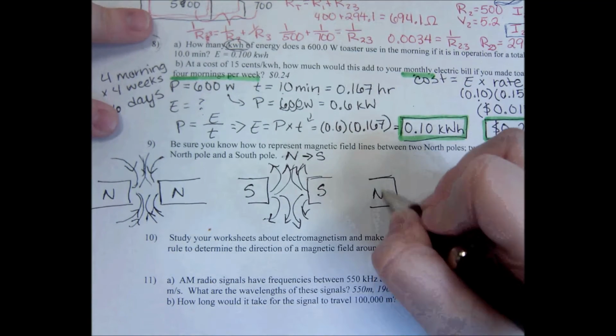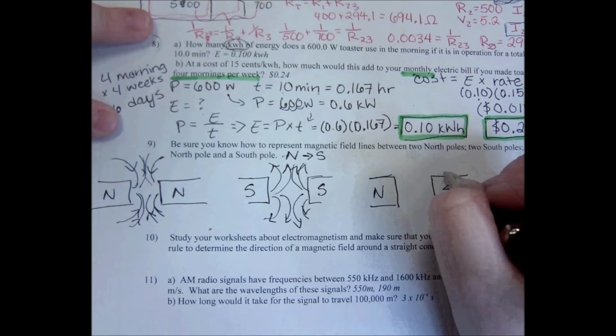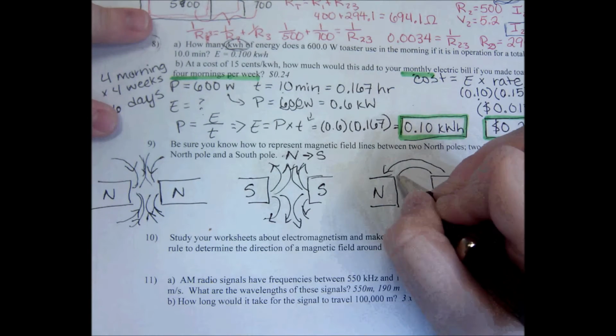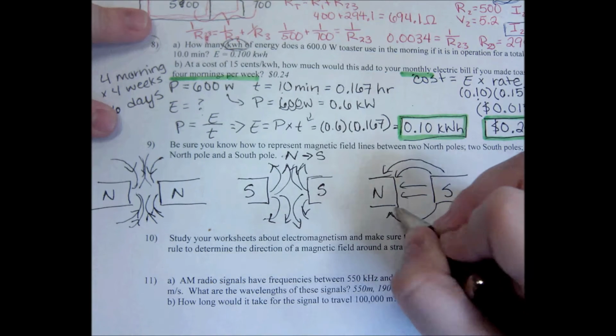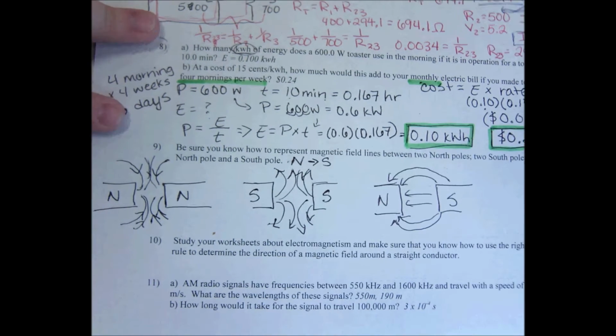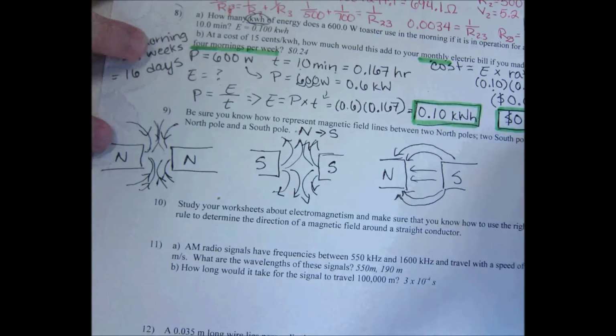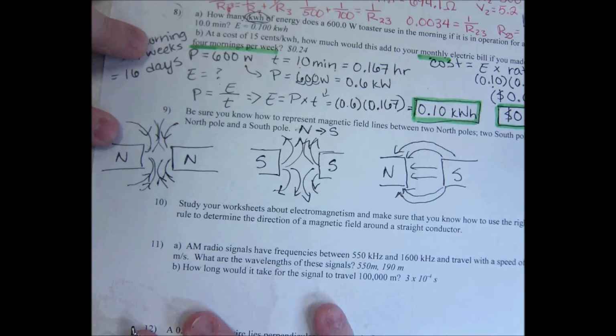Then finally, last but not least, if you have a north and a south, they're going to go from south to north. They're no longer repelling each other. Yay! Beautiful pictures.